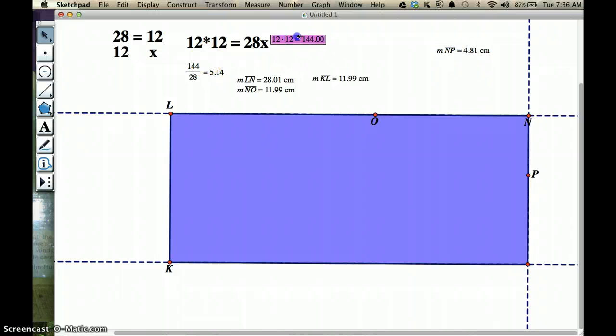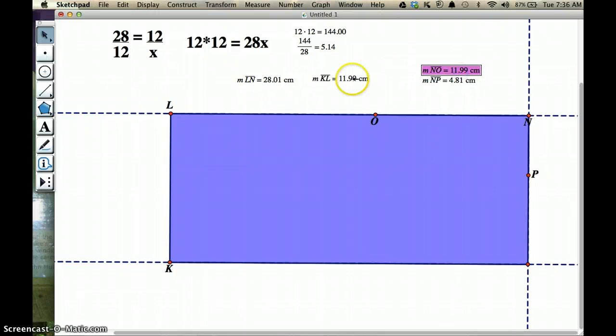So these I wanted all in the one row. So that makes it a little more understandable. And these two go together and these two go together. So in order to get this one to change and be closer to 5.14, I need to move it. There we go, 5.13.